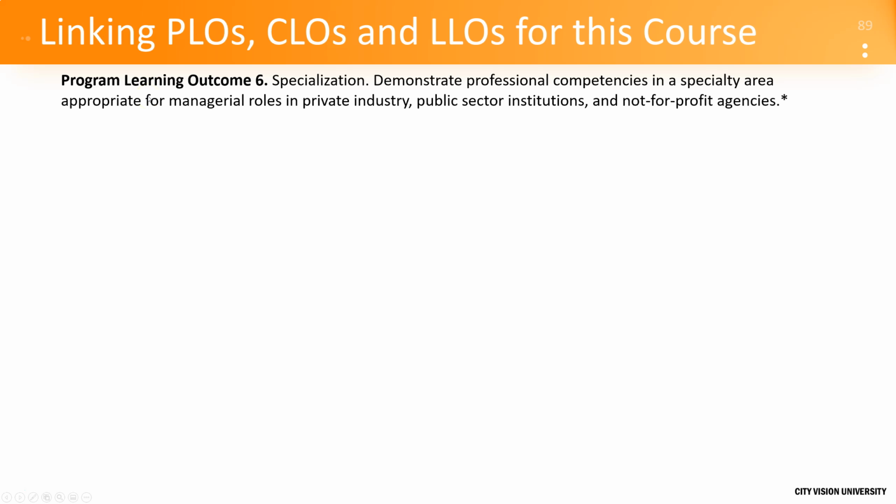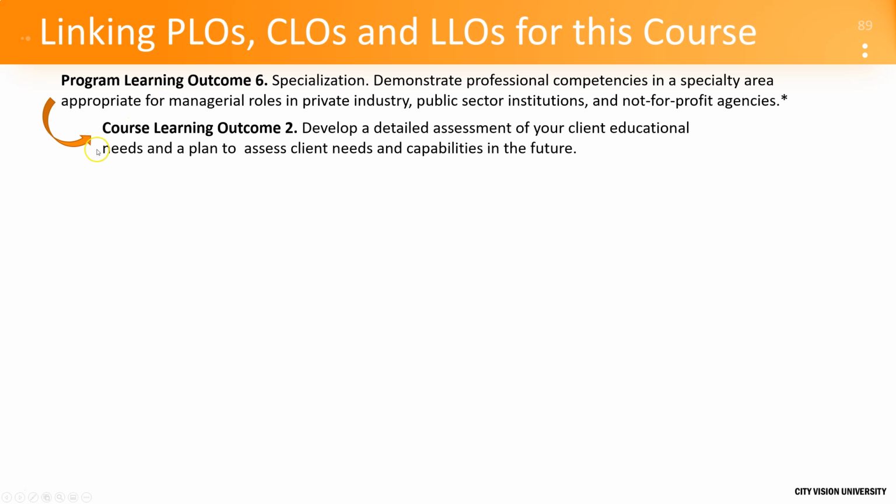So in our MBA program, we have our program learning outcome, this is kind of our catch-all specialization. Demonstrate professional competencies in a specialty area appropriate for managerial roles in private industry, public sector institutions, and non-for-profit agencies. So that's our program learning outcome.